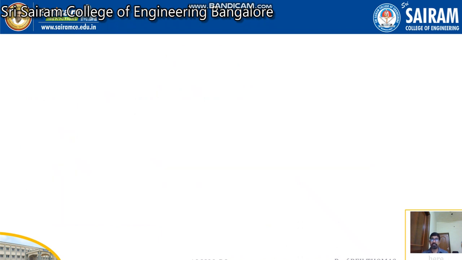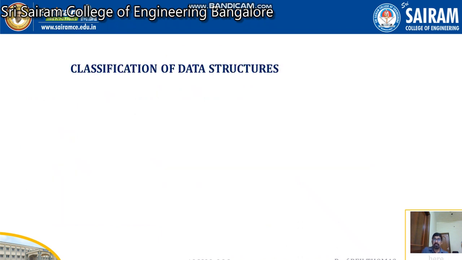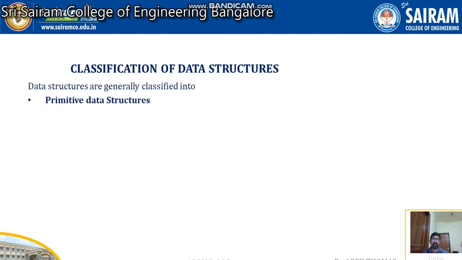Next, how is data structure classified? Normally it is classified into two categories. One is primitive data structure. Primitive data structures are built from your basic data types like integer. I hope everyone knows what basic data types are.